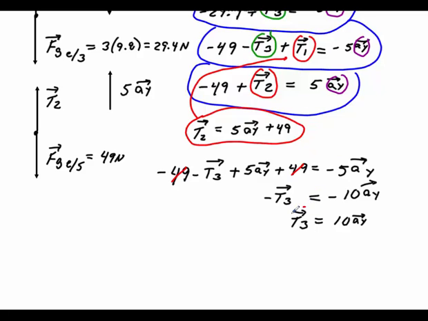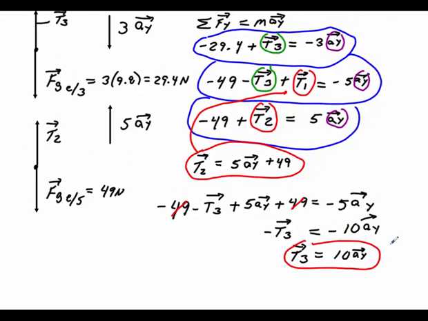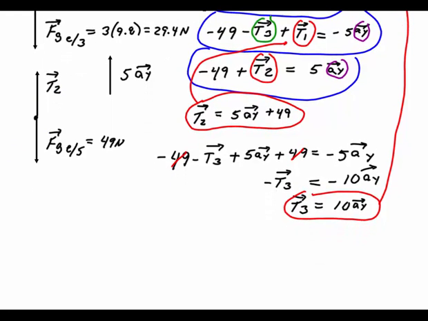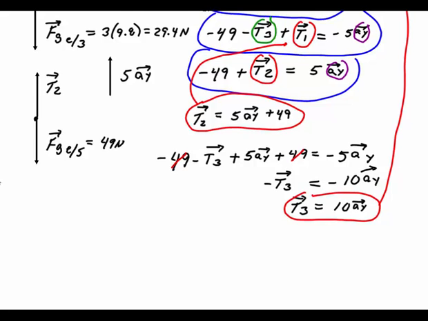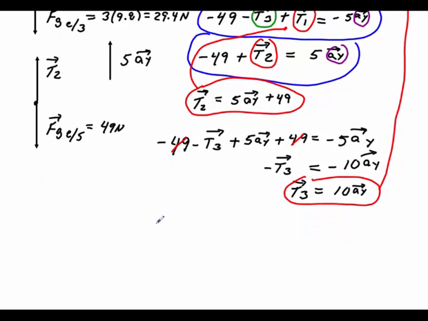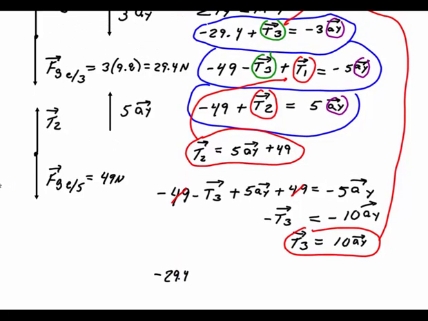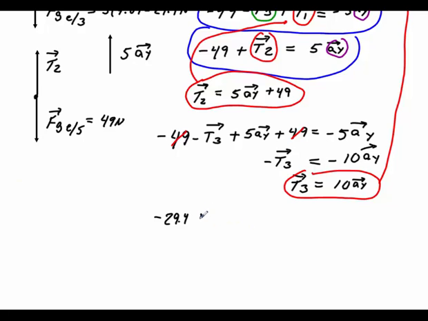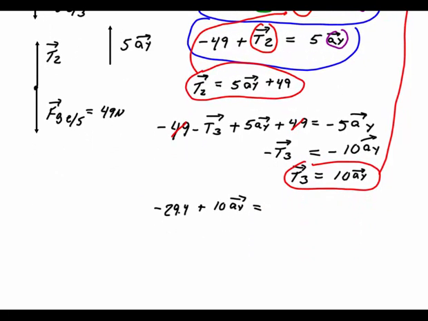Alright, so now we have that one. All we have to do now is substitute that back in right here, and the only unknown we'll have is AY. So we had minus 29.4 plus T3 is equal to minus 3 AY.